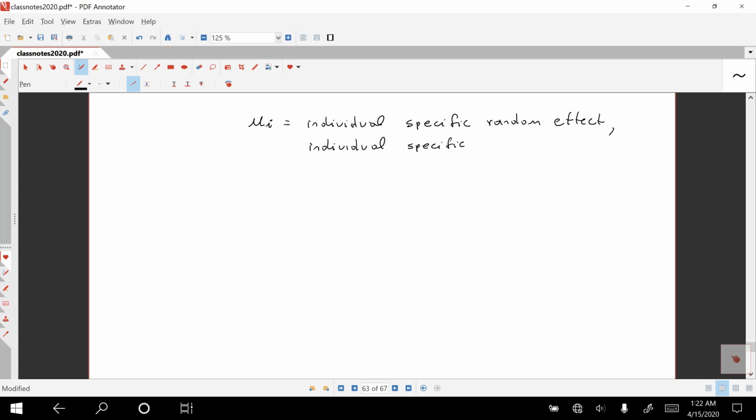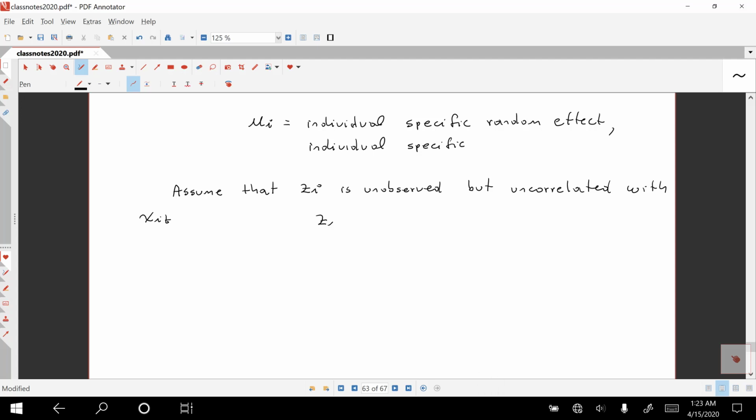In the random effects model, the assumption is that Zi is unobserved but uncorrelated with the explanatory variables.